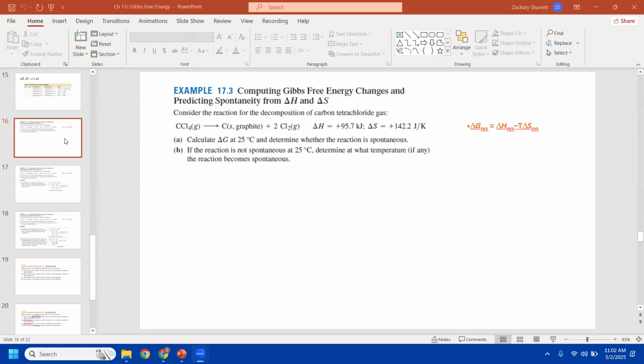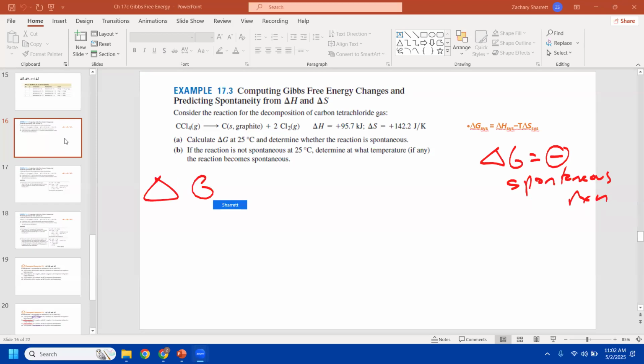And then how do we determine if it's spontaneous or not? No, I'm saying before that. So once we solve for deltaG, how do we tell if it's spontaneous or not? So the take-home messages with deltaG that we've been talking about is if deltaG is negative, that indicates a spontaneous reaction.